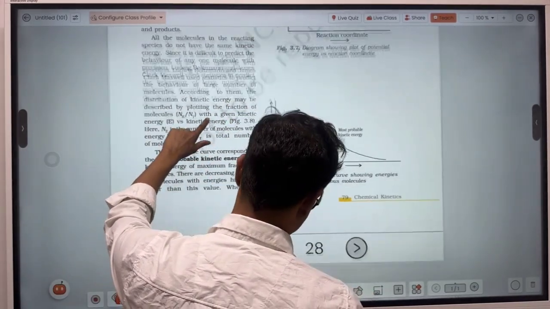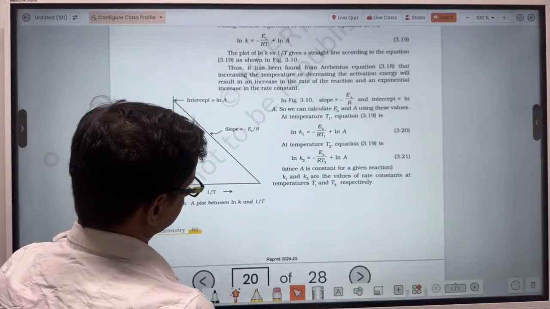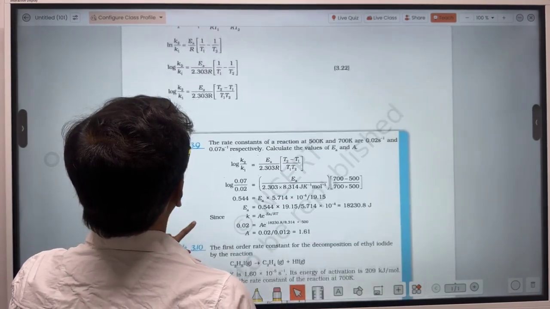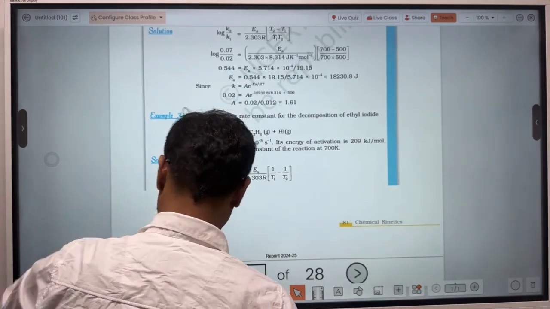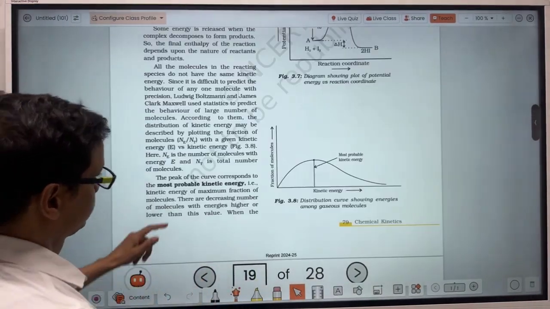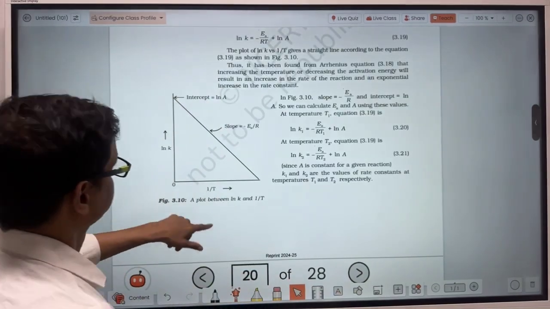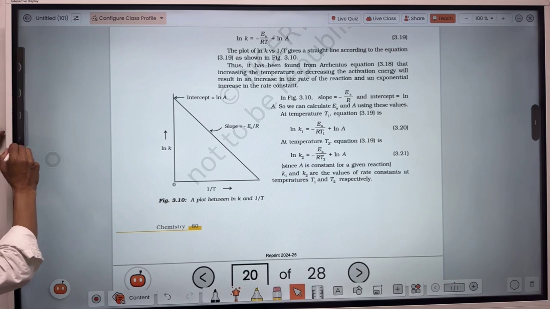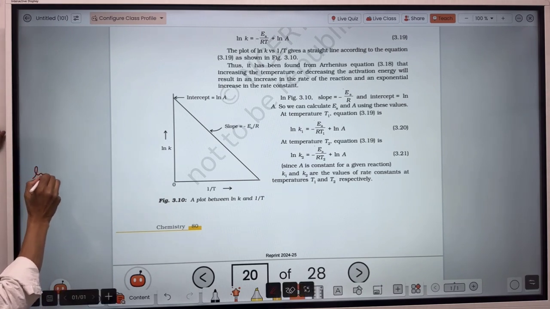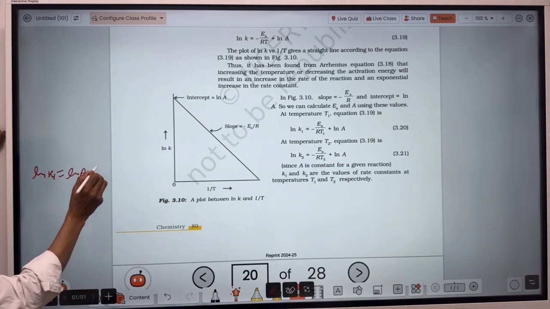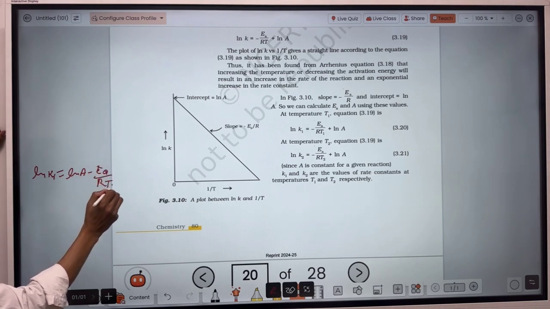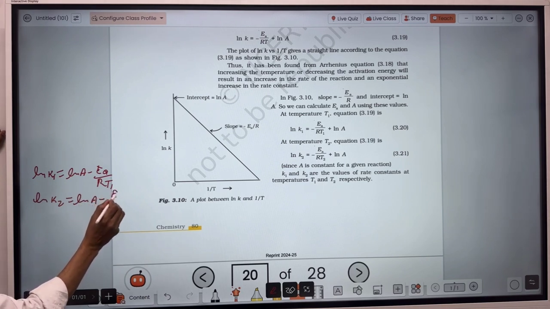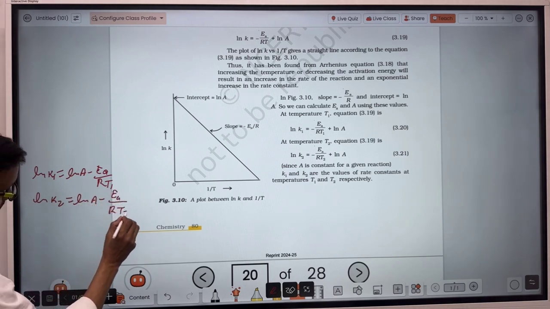We will discuss here why that happened. We have already derived log K1 equal to log A minus Ea upon RT1, and log K2 equal to log A minus Ea upon RT2.